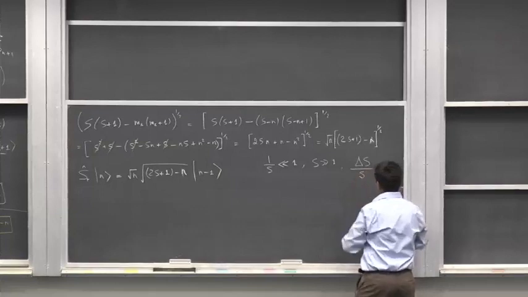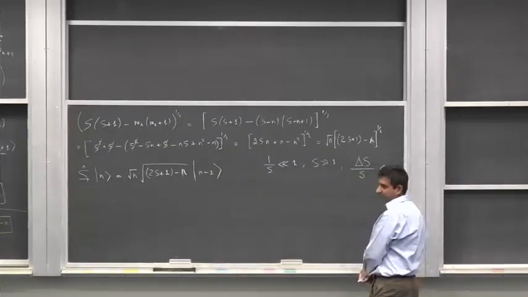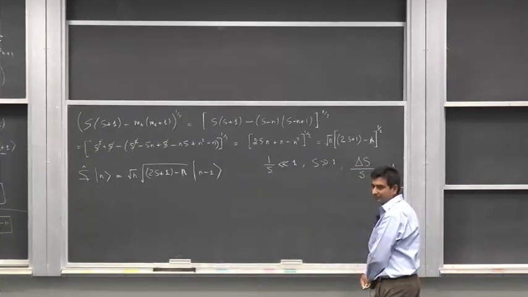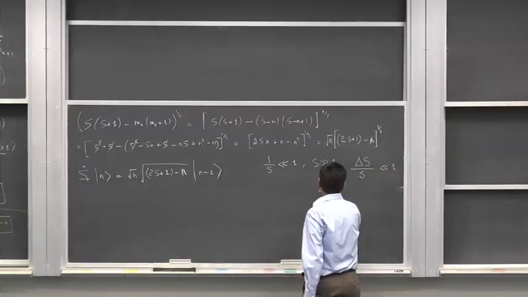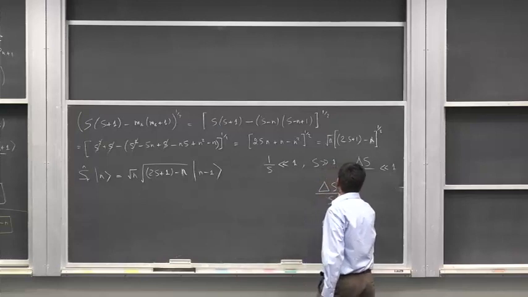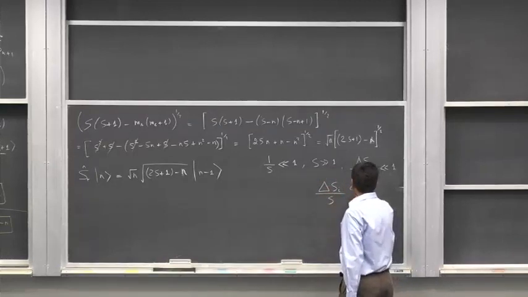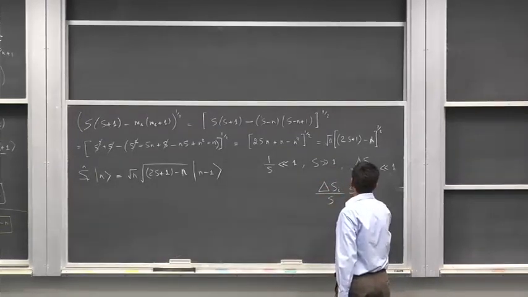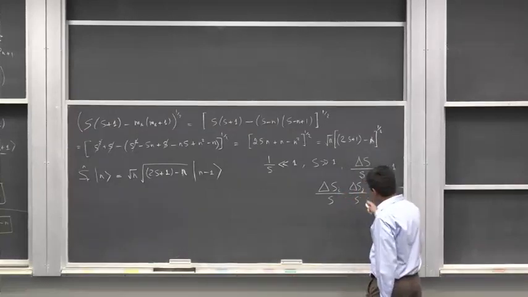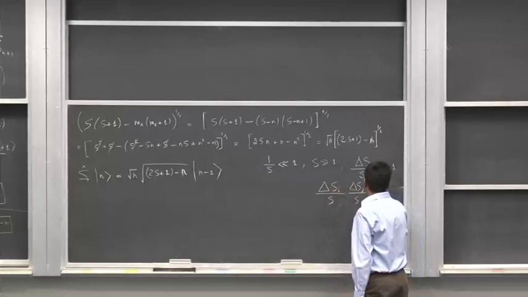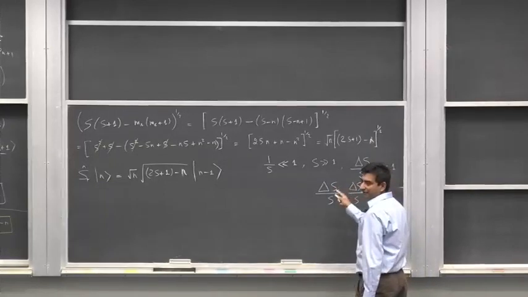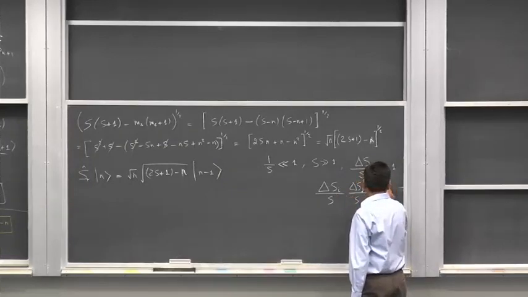So if I have this kind of relationship, I can use Heisenberg's uncertainty principle. I have an uncertainty in the ith component of the angular momentum, and an uncertainty in the jth component of the angular momentum, and I multiply these out. Now this uncertainty is lower bounded by the commutator of Si and Sj, which is some Sk.